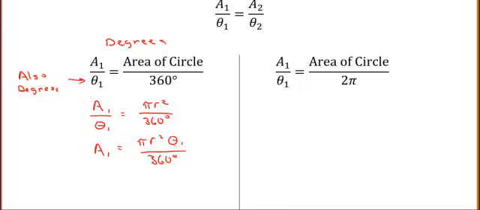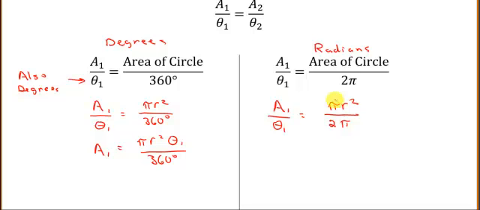Right, if we measure this in radians, we'd have the area over the central angle of the sector, A1 over theta 1, is equal to the area of the circle, pi r squared, over 2 pi, which would be the radian measure of one revolution, of 360 degrees, the central angle for an entire circle.